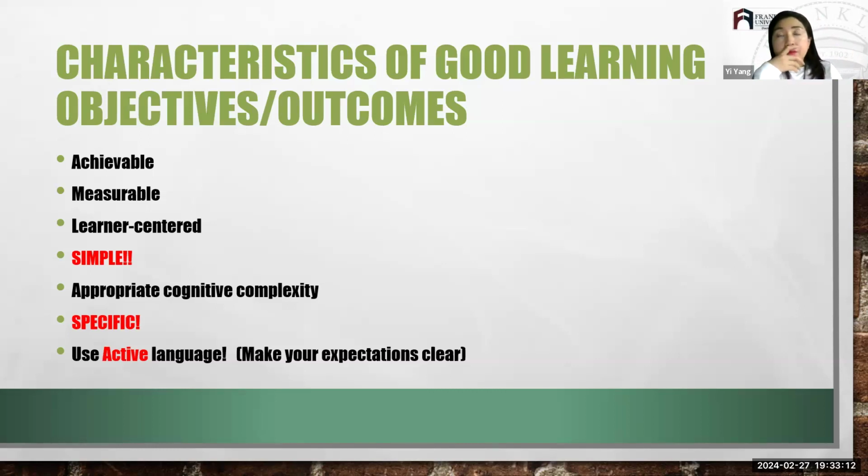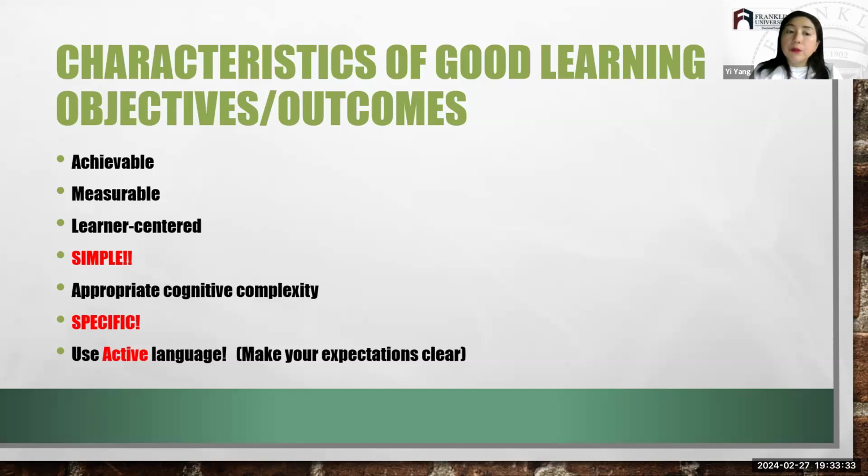So let me give you an example. If the outcome says, I will teach this subject, that's not an objective. That's not an outcome. That's not a good outcome, because it's written from your perspective.